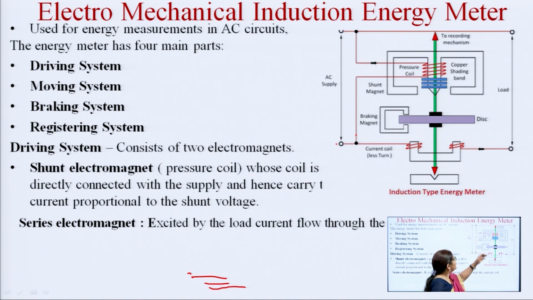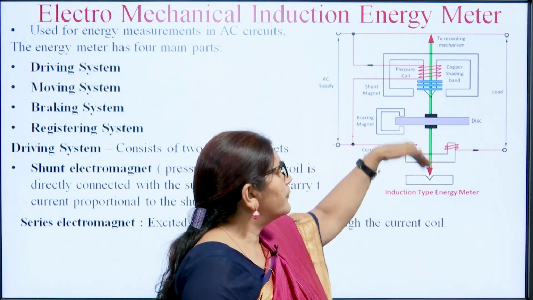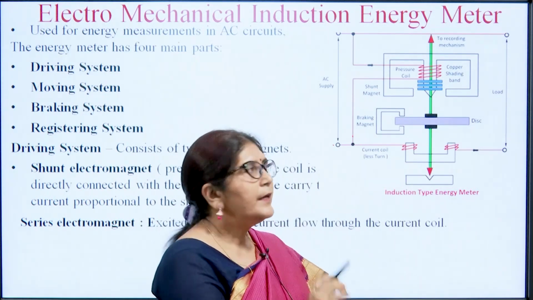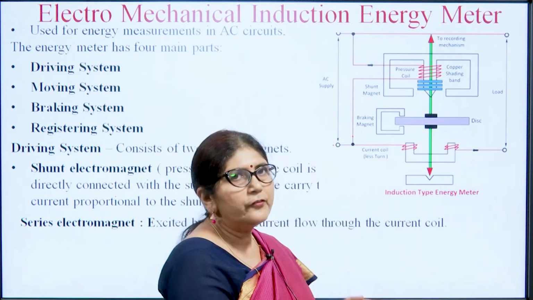When current flows in the pressure coil and the current coil, because of the interaction of the flux generated by these two currents, the disc will move, and the movement of the disc basically shows the value of the energy consumed.